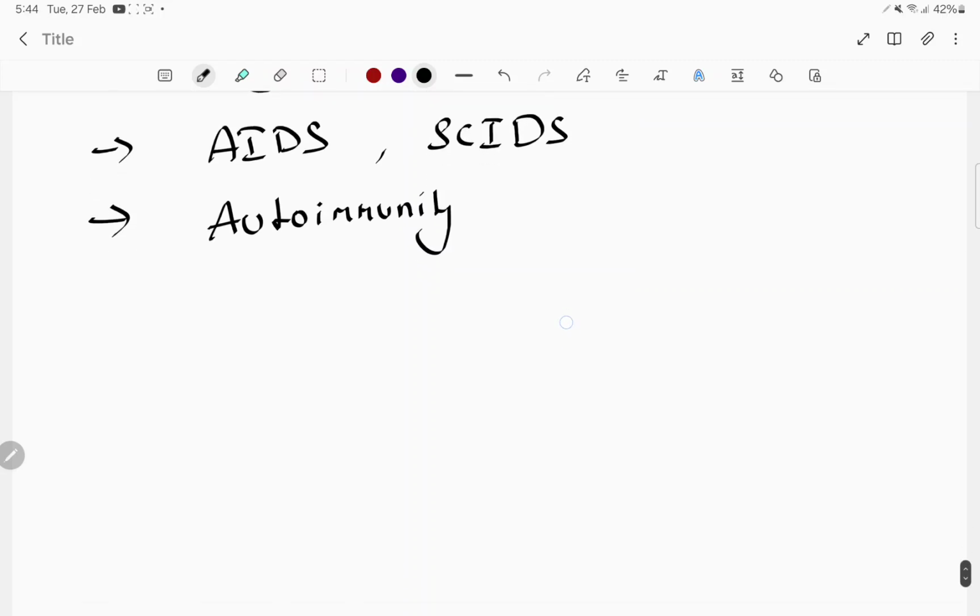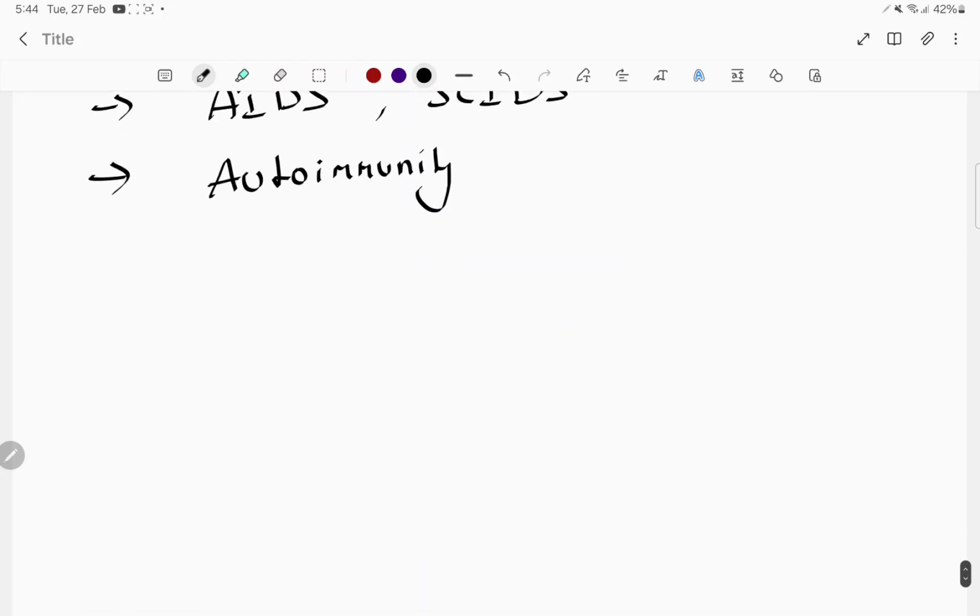These are all the immunity related disorders.